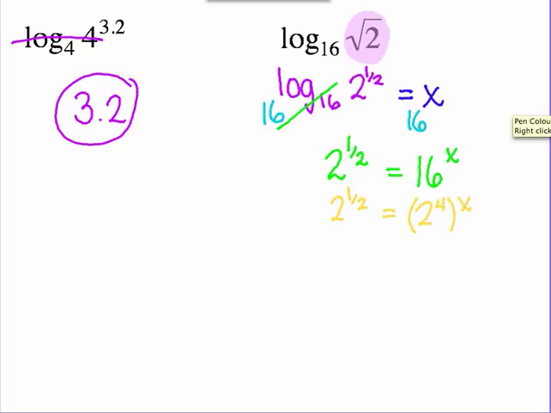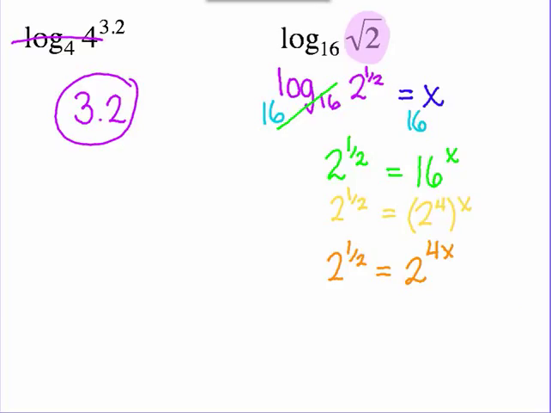Okay, so 16 is 2 to the 4th. So the whole purpose in doing this is now I can write them with the same base. They both have a base of 2. And when I now apply a rule of exponents, I know that this is really 4x. Remember, you can multiply those if you have a power to a power.